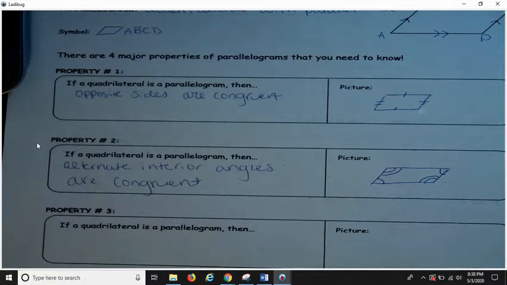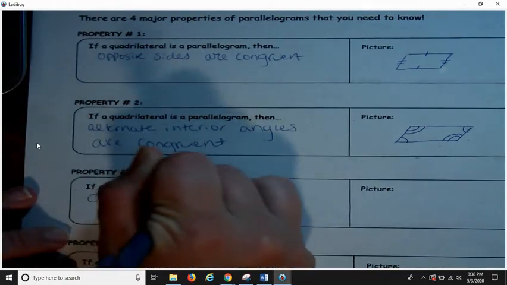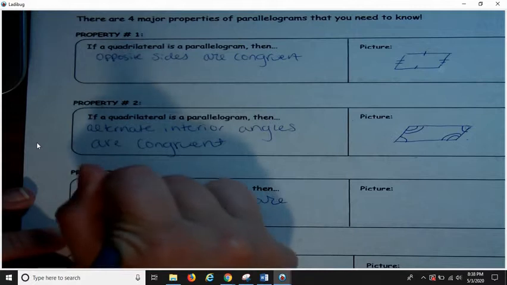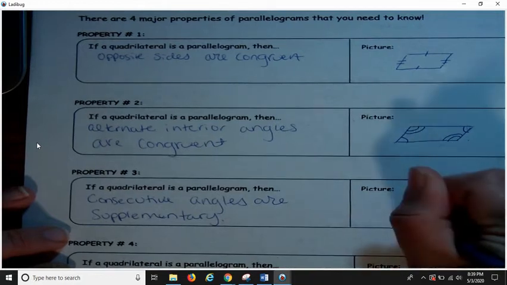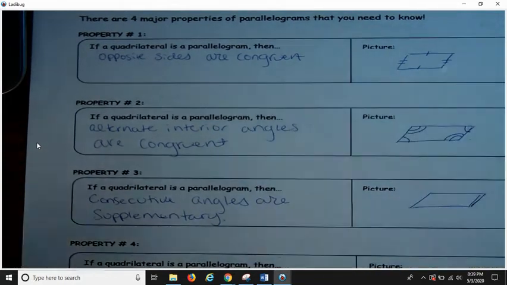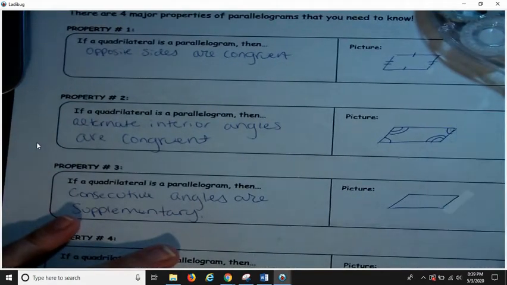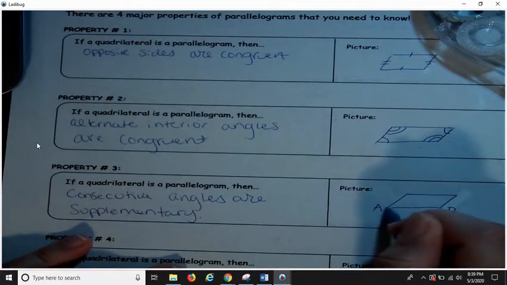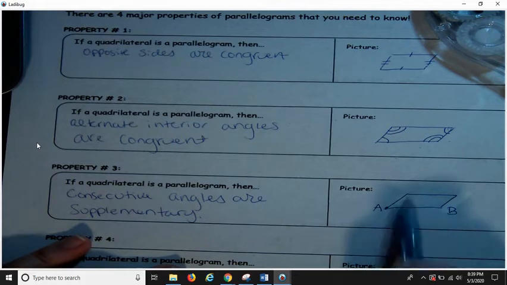Now, property three: if a quadrilateral is a parallelogram, then consecutive angles are supplementary. This just means if I have a parallelogram, consecutive means that if I'm traveling from one vertex to the next, the one next to it, it could be on either side.